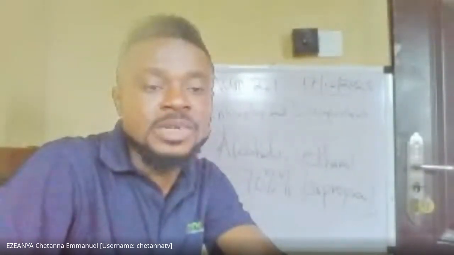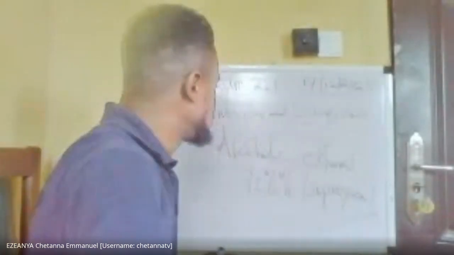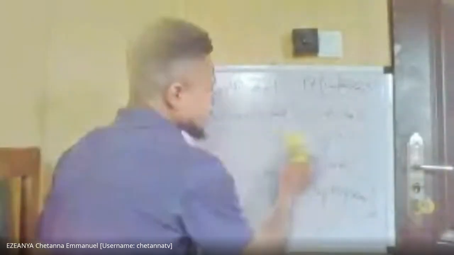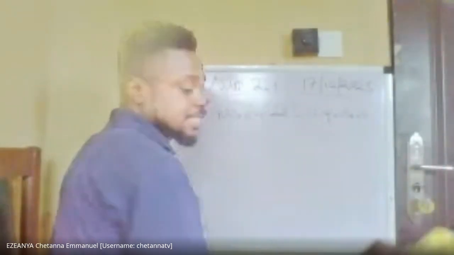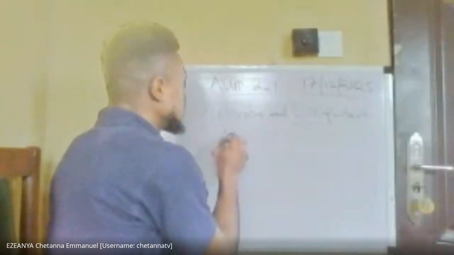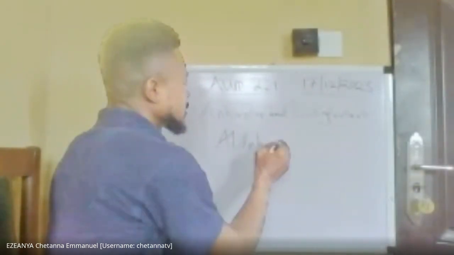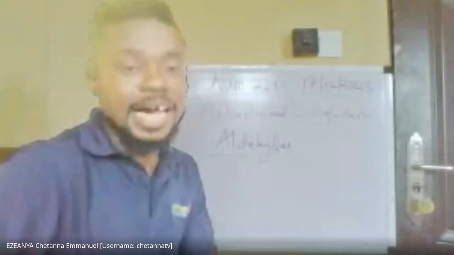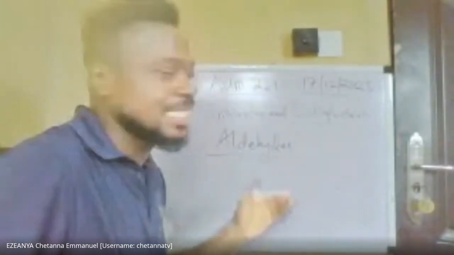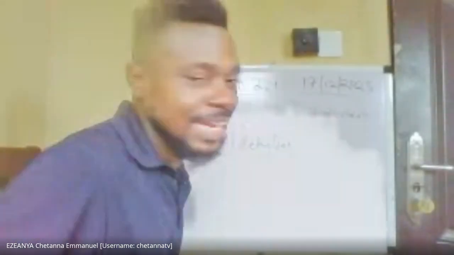Now let's look at the next group, aldehydes. Under aldehydes, you see things like formaldehyde and glutaraldehyde.